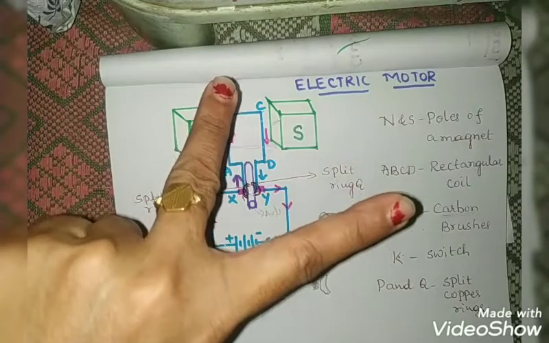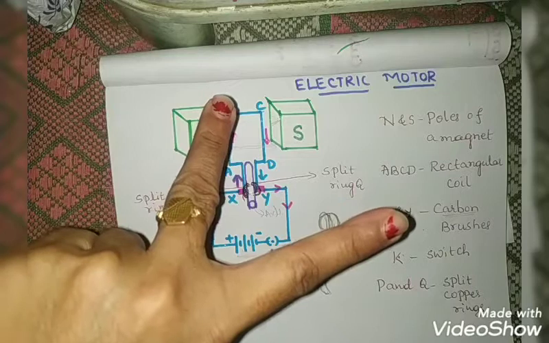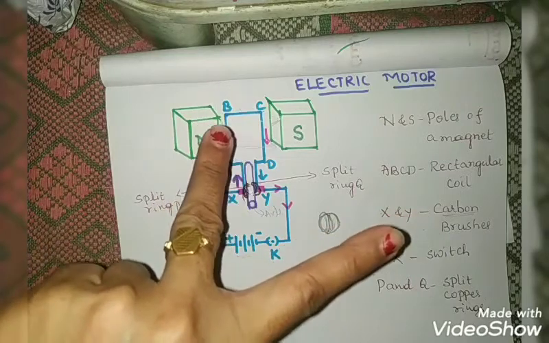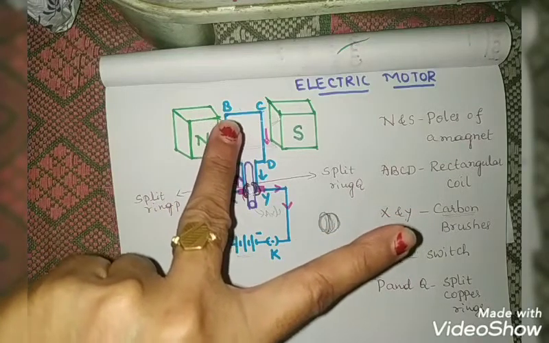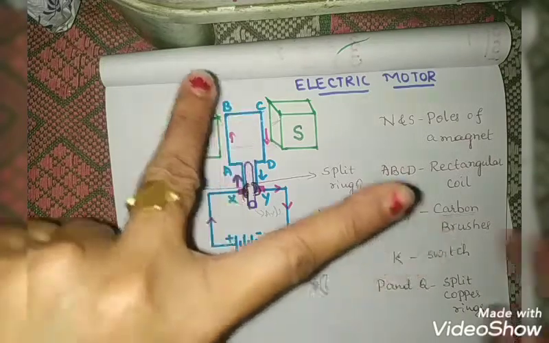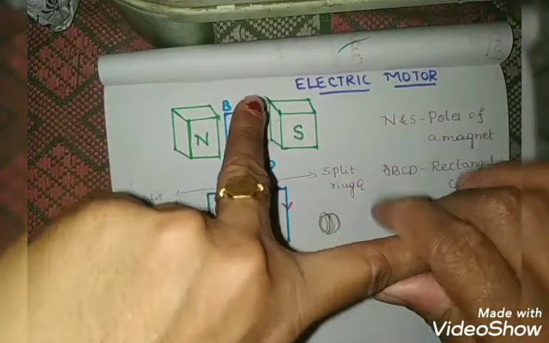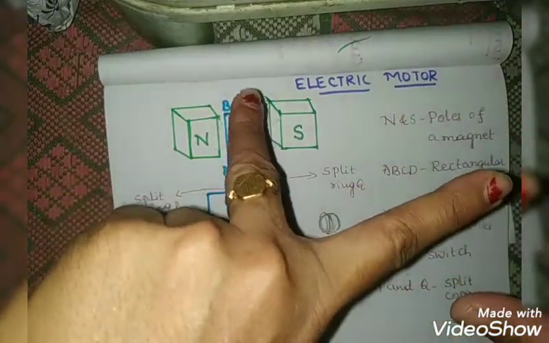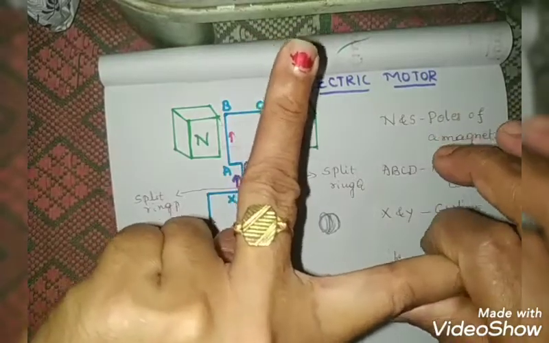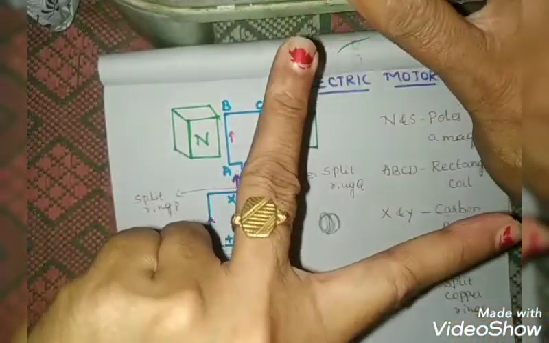According to Fleming's left-hand rule, we find the force acting on arm AB. Now hold your fingers like this, so that they are perpendicular to each other. Here downwards, here rightwards, here upwards.